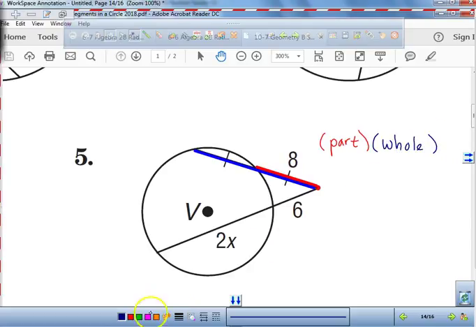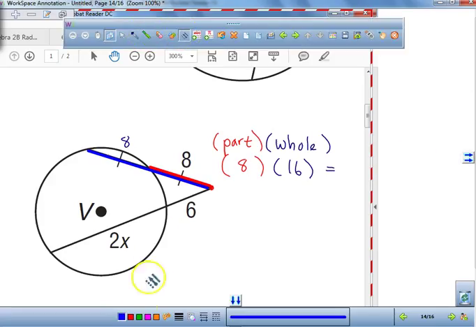the whole thing. Now, these tick marks represent that both of those are 8 units long. The part is just 8 units long. The whole thing is going to be 8 plus 8, which gives us a total of 16. So we have the part, this piece, times the whole thing is going to equal this part right here times the whole distance, which is right here.